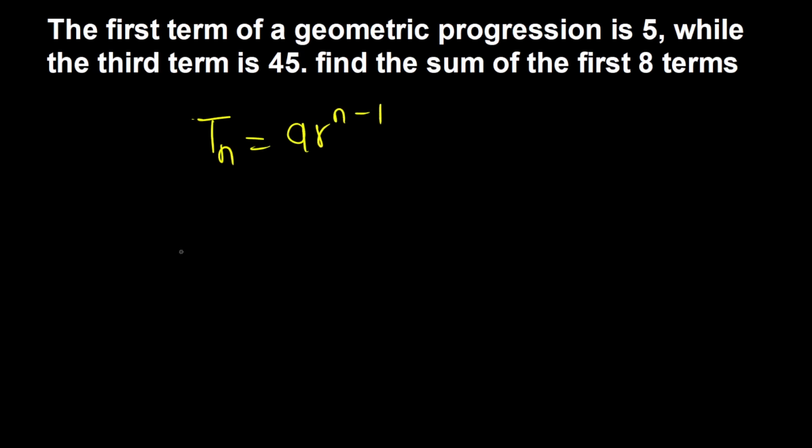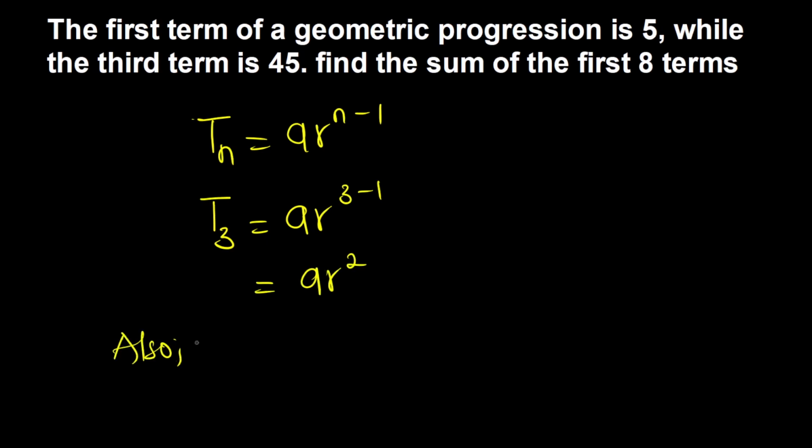We are told that the third term is equal to 45. That means that our T3 will be equal to ar raised to the power of 3 minus 1, which is equal to ar squared. Also, we have that our T1 is equal to ar raised to the power of 1 minus 1, and this is equal to a.